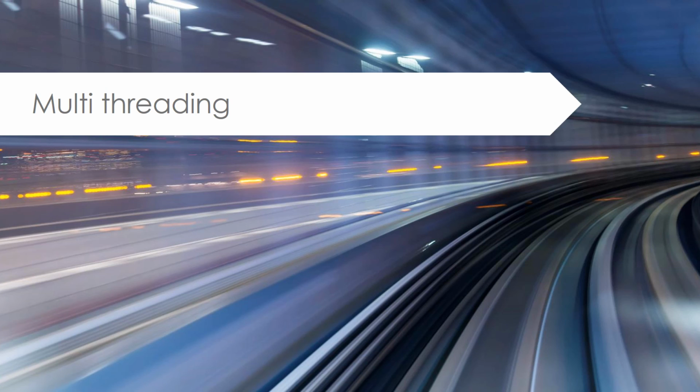The first way being setting the number of threads, and the second way being partitioning. As part of the first option, setting the number of threads, we specify the number of threads that are to be used for the refresh task.